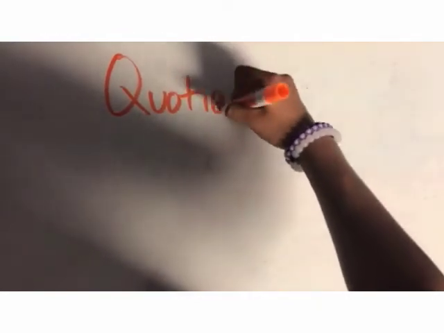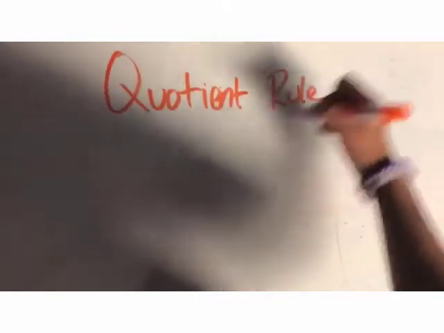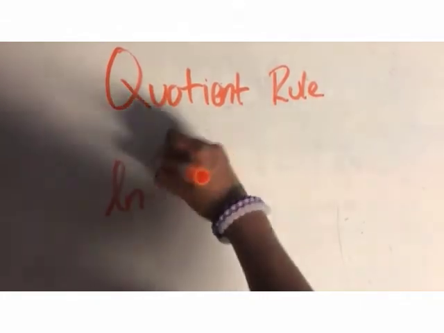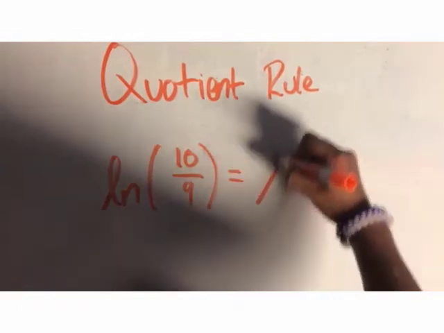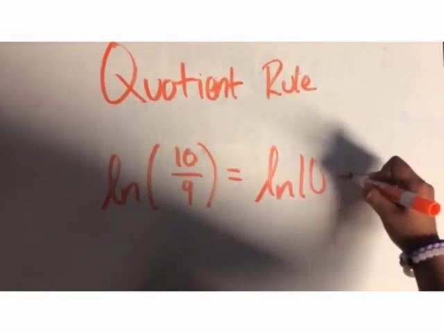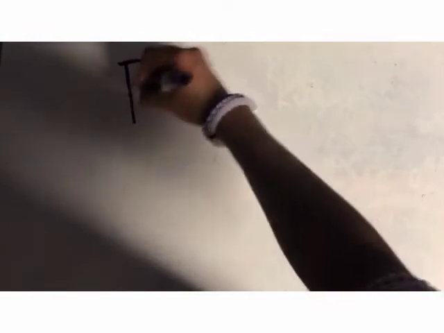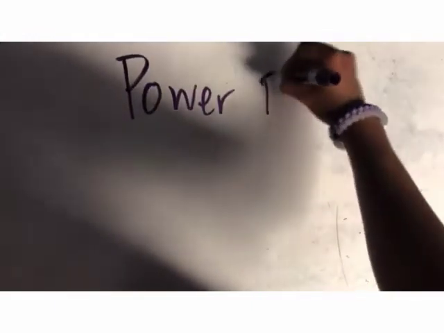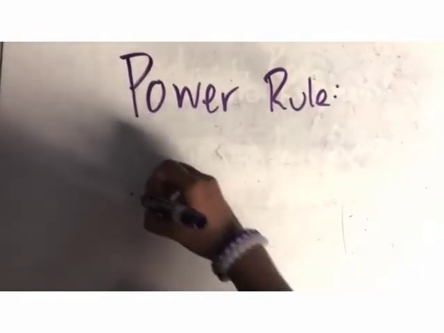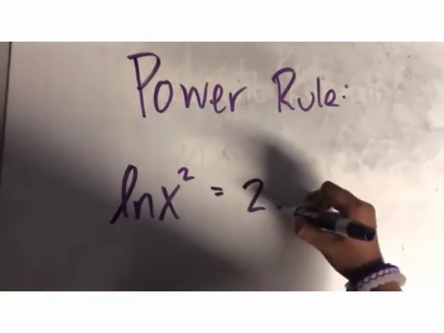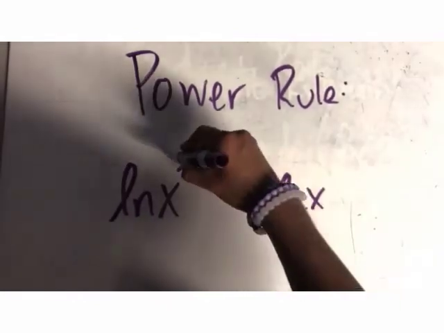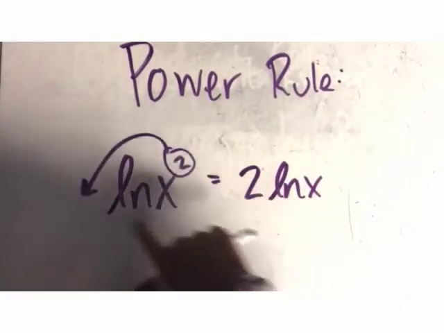When given the equation ln 10 over 9, by using the quotient rule, I can break this up into ln of 10 minus ln of 9. And now for our last example, the power rule. When given the equation ln of x squared, I'm going to get 2 times ln of x, because again, I brought down the exponent in front of the ln.